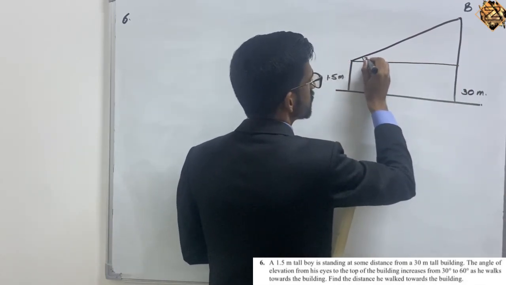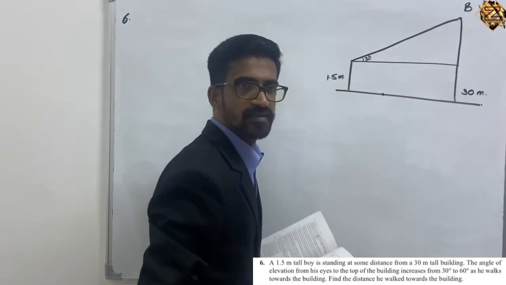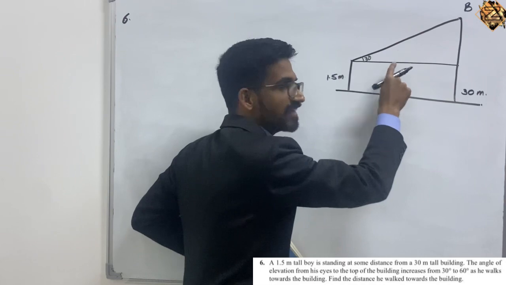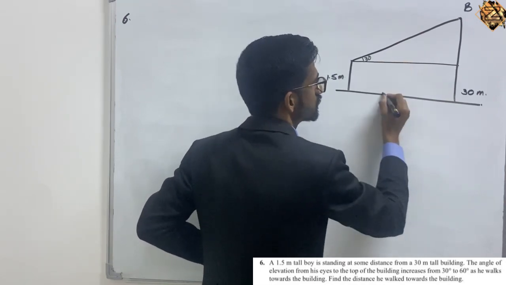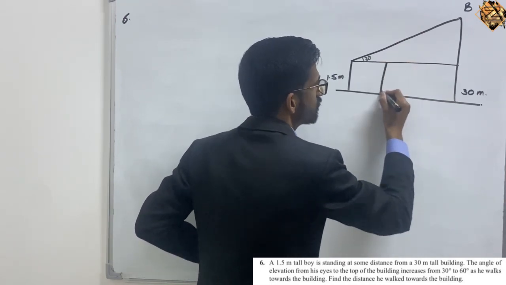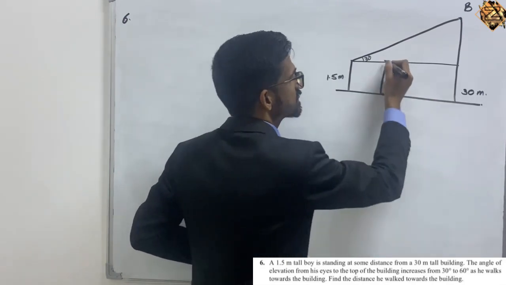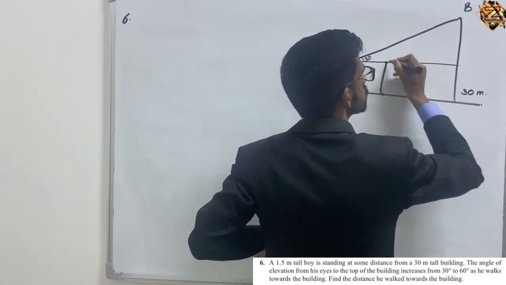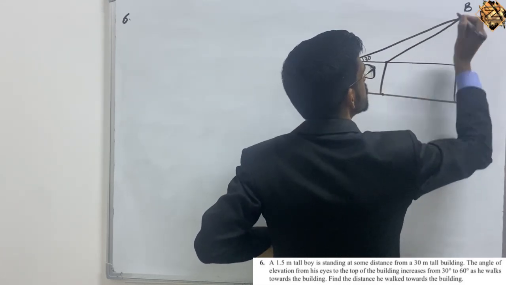The angle of elevation increases from 30 to 60 degree when he walks towards the building. So let this be the point where the boy reaches when it is 60 degree. The angle of elevation from this point to the top of the tower is 60 degree.